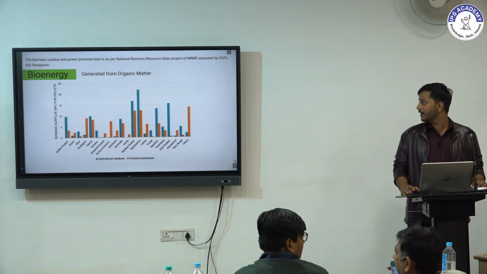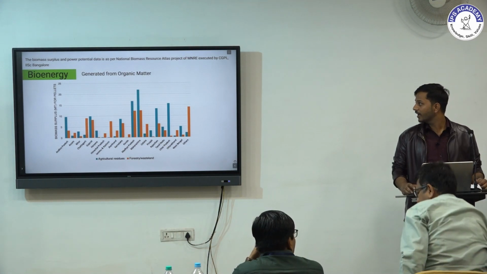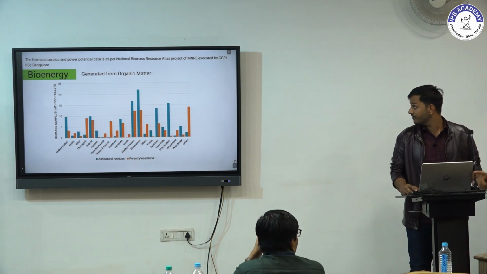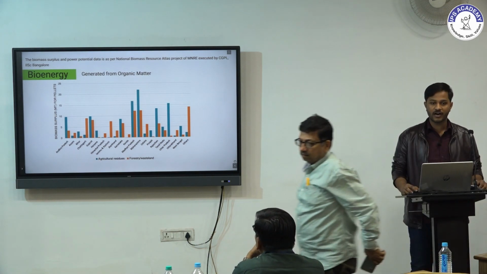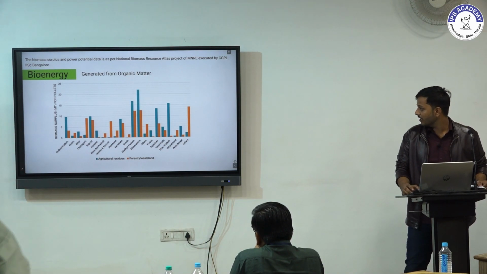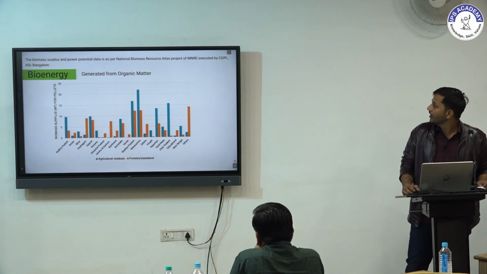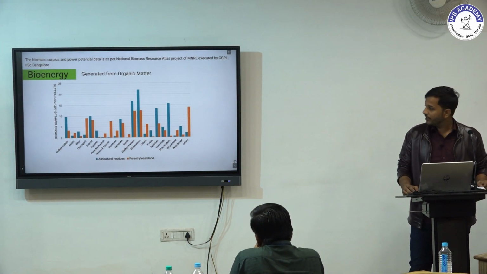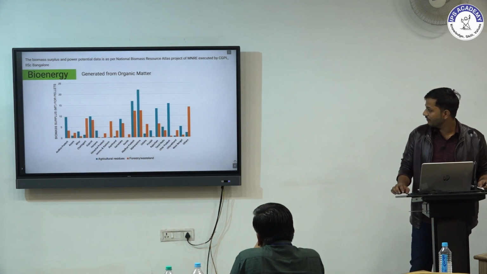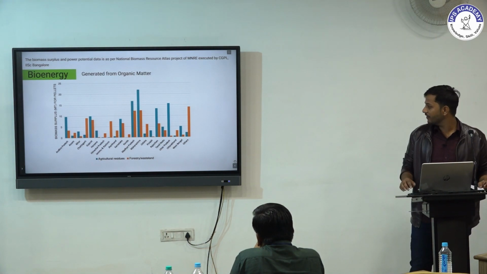Now, what is bioenergy? It is the energy generated from organic matter, and organic matter is a compound which constitutes a major quantity of carbon and hydrogen. As per the state-wise scenario collected by the National Biomass Resource Atlas, updated in 2023 by IISc Bangalore, Madhya Pradesh and Maharashtra are at the highest peak of agriculture residue and forestry wasteland, followed by Uttar Pradesh and Rajasthan.